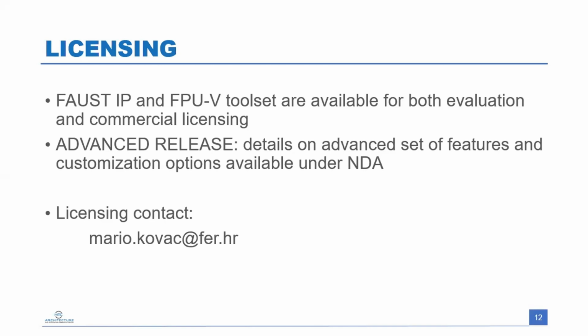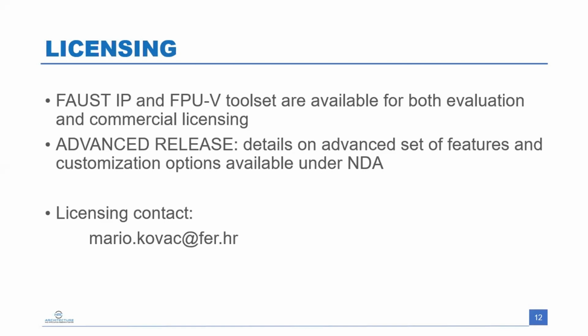As one of the results of the exploitation part of EPI, we are happy to say that we are, of course, offering right now the commercial licensing of both FAUST and FPUV. We wanted to find a good name for FPUV that would be attractive, but then realized that at first we put it like FPU verification, where V is for verification.